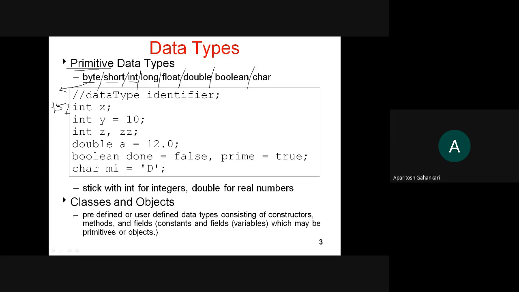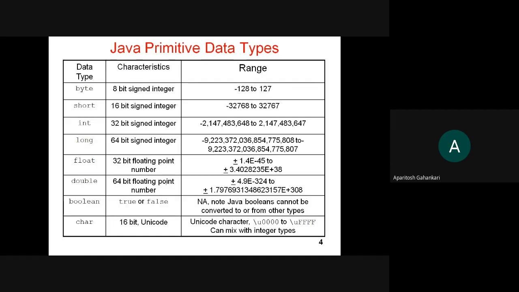Then there are classes and objects. Predefined or user defined data types consisting of constructors, methods, fields, variables, and all other things. So let us try to see over here in this table.